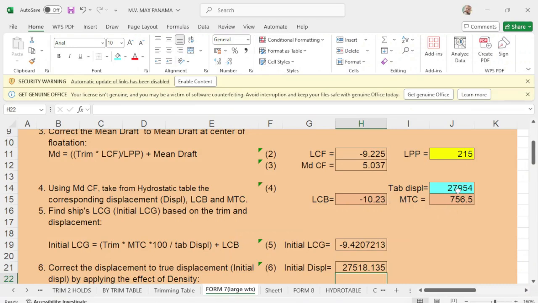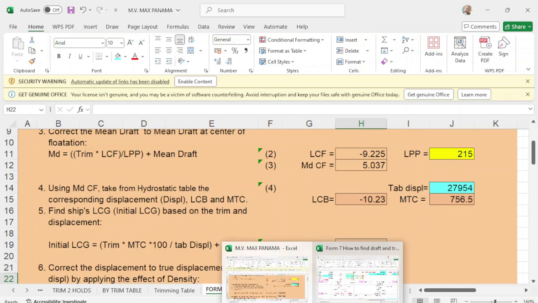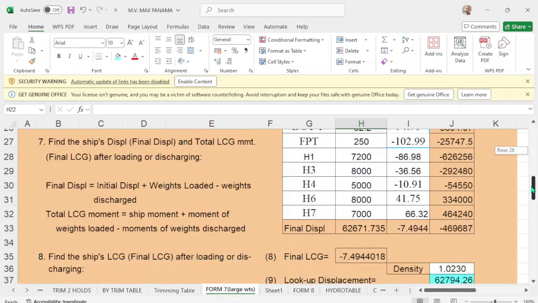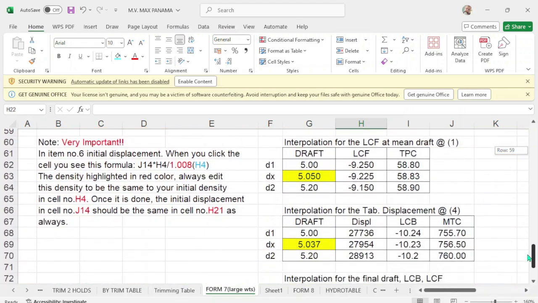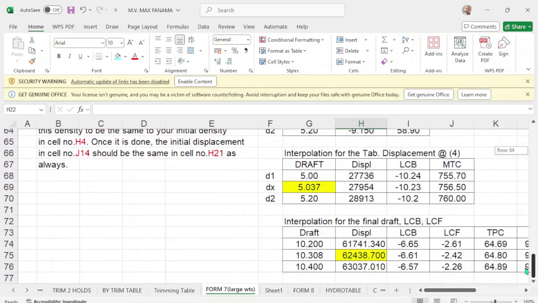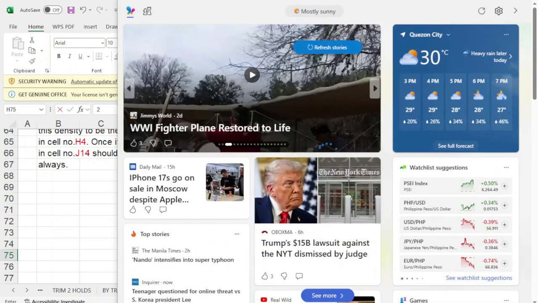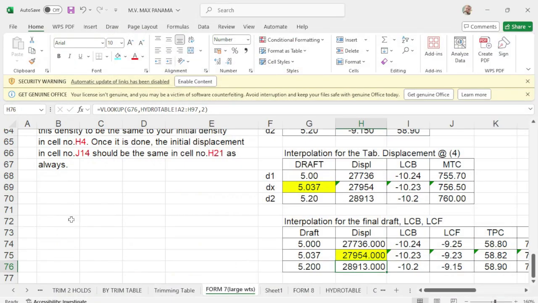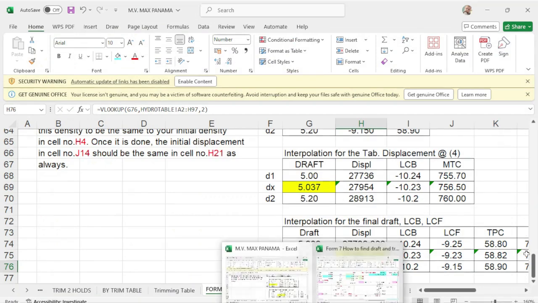Just input this displacement, 27594. Scroll down, put here 27594. And that will be 5.037.